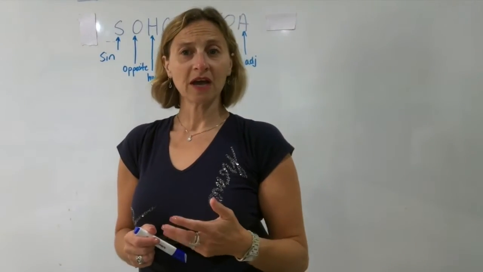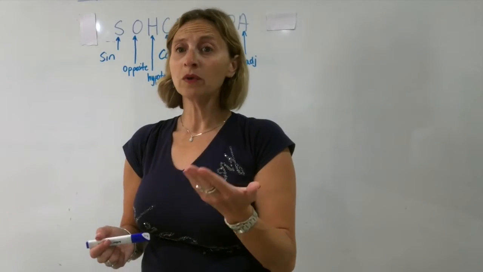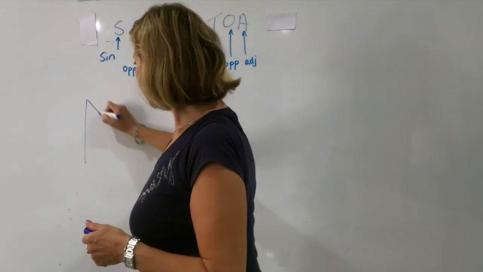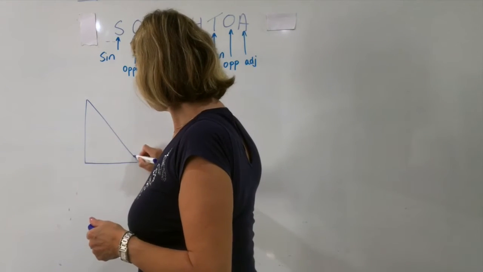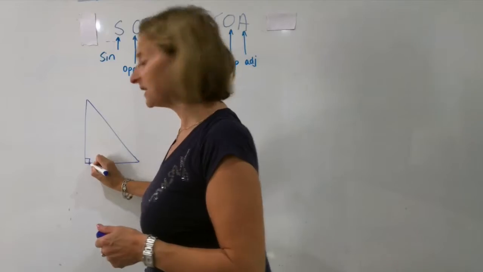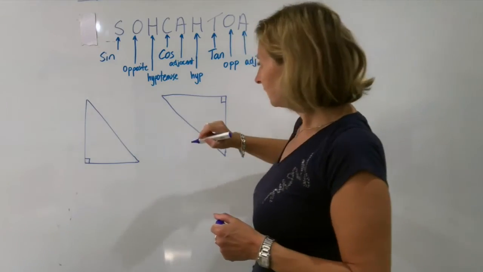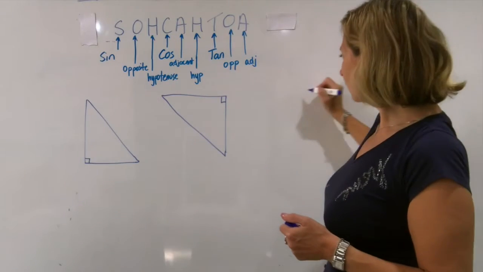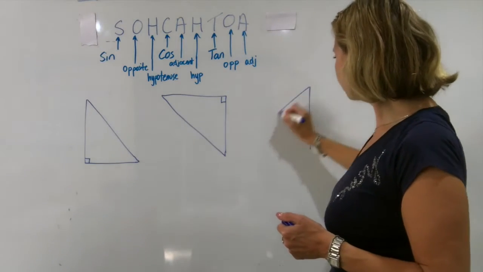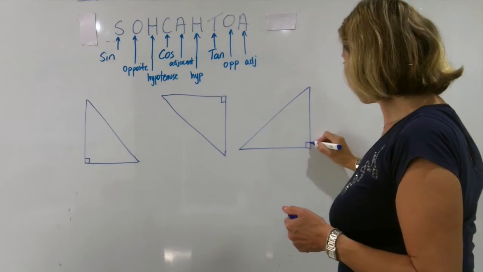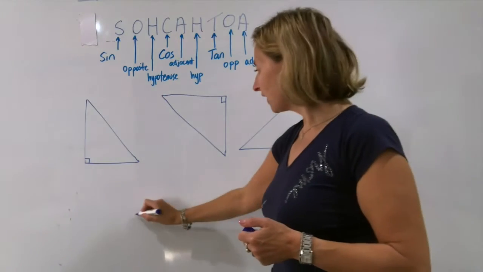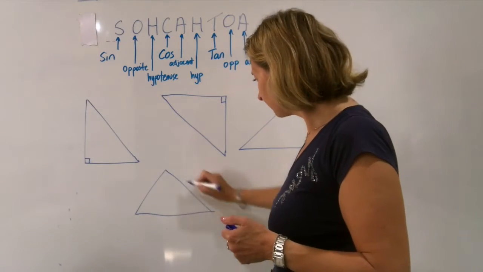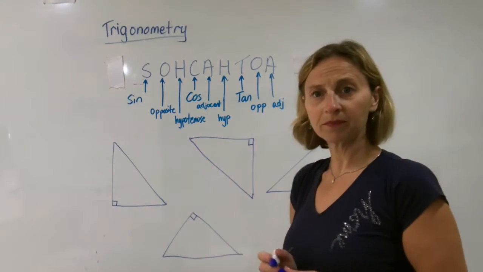Questions are always going to start with a diagram, or you will need to draw the diagram. You're going to have a right-angled triangle. Your right angle might be down the bottom left, or your triangle might be top right, or your triangle might be on the bottom right, or you might have a triangle that is upside down, where the right angle is up the top.